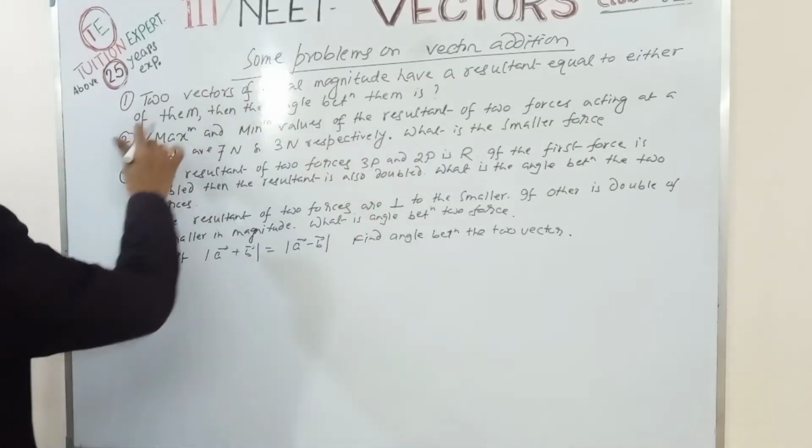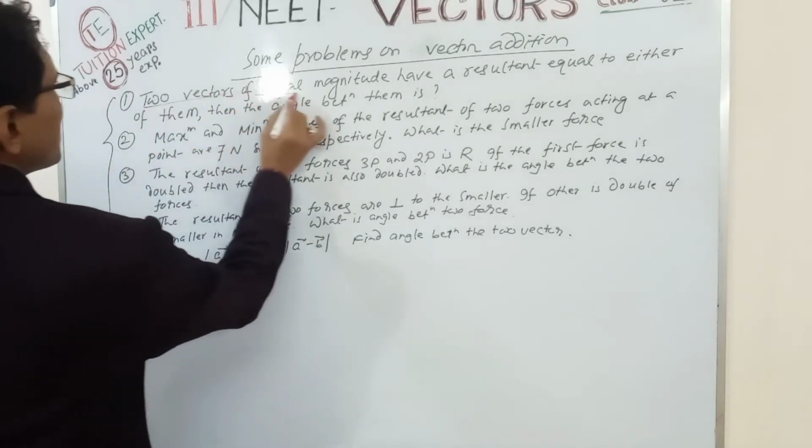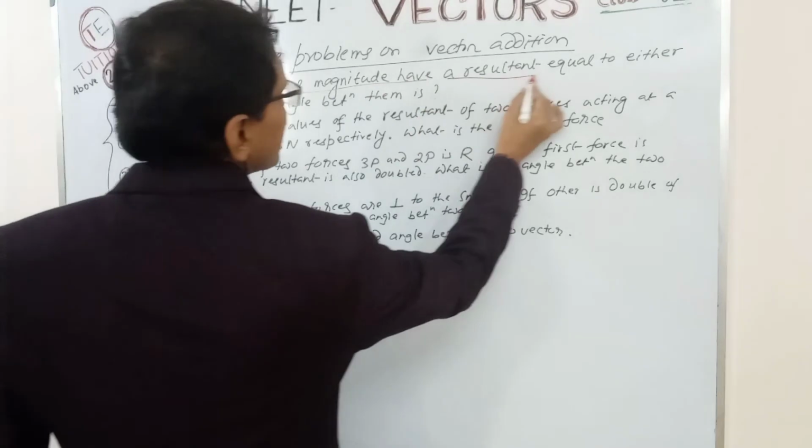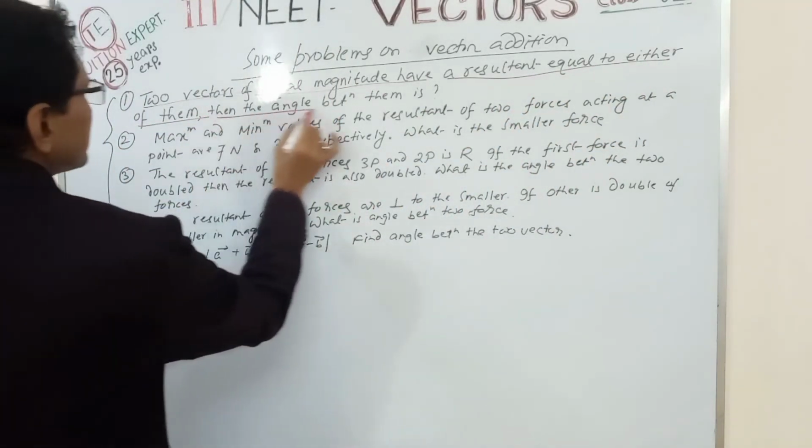Now here are some problems related to vector addition. First: vectors of equal magnitude have a resultant equal to either of them, then what is the angle between them?